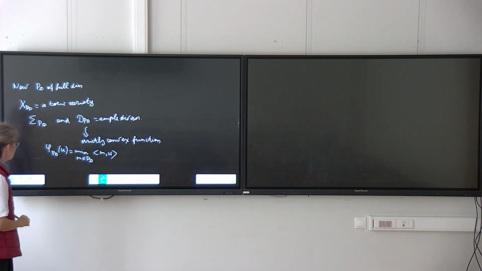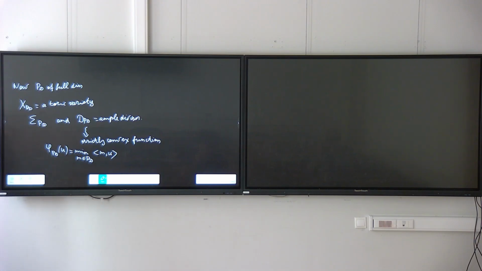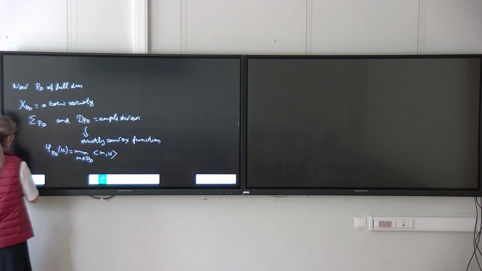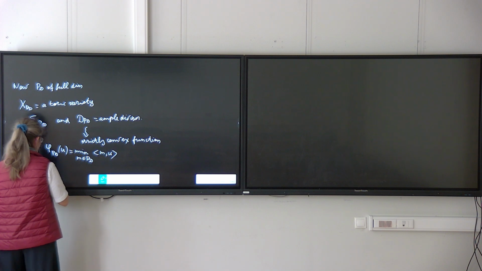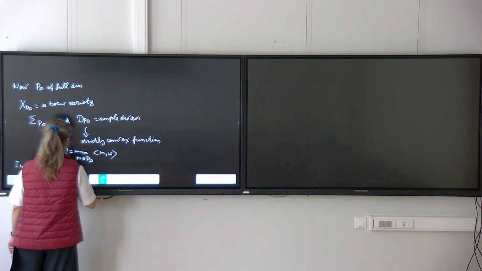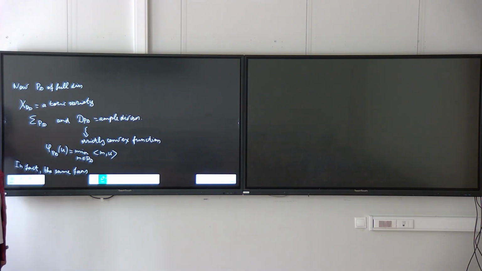So in fact, the function phi, which was at the beginning, and the function phi for this divisor, they will coincide. And so, since they're strictly convex, they will have the same curve. The curve is the set where this function is linear. So in fact, they have the same fan. So the initial fan where the function phi was defined will coincide with the fan for this Toric variety.